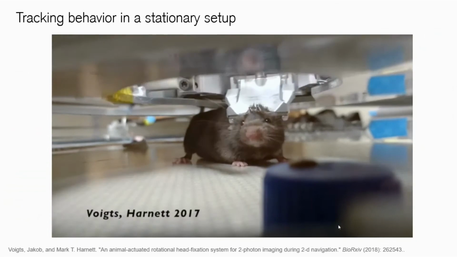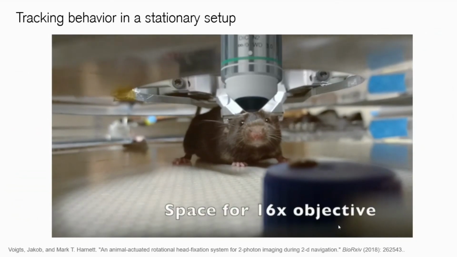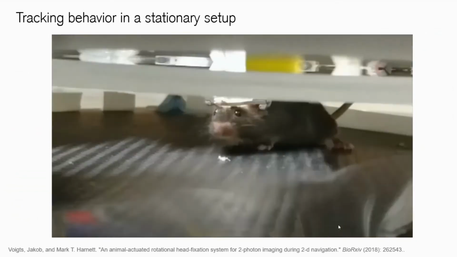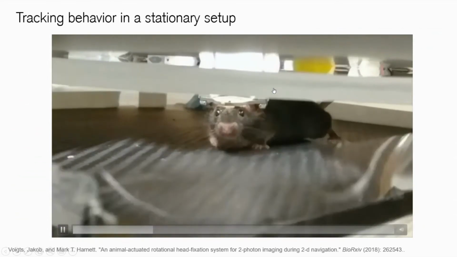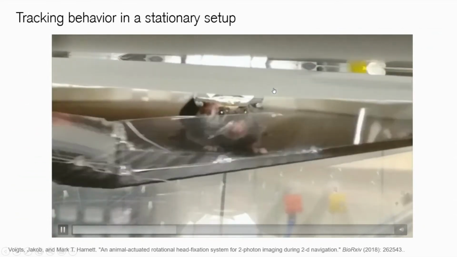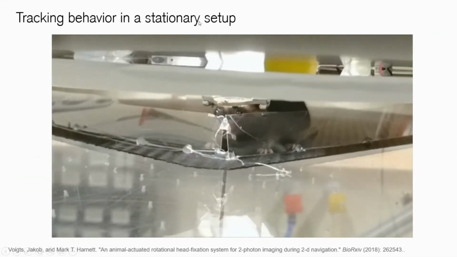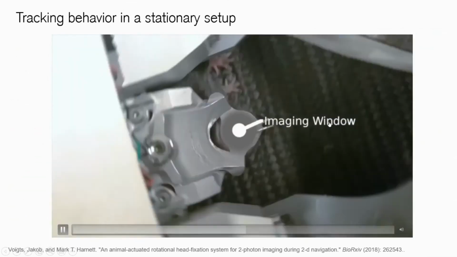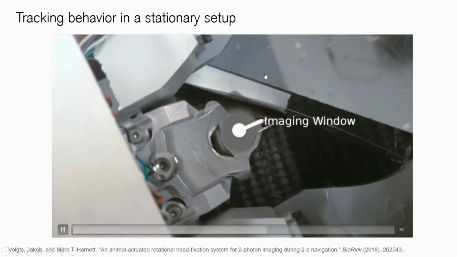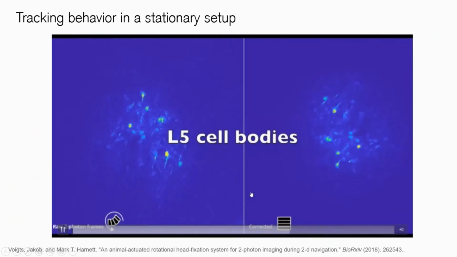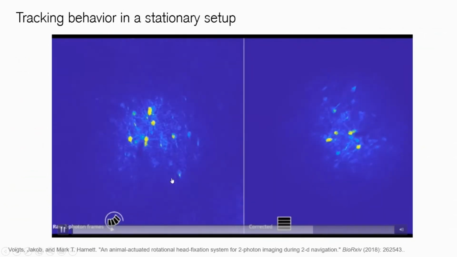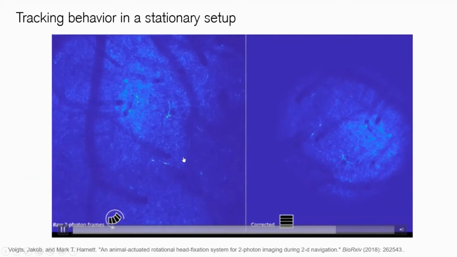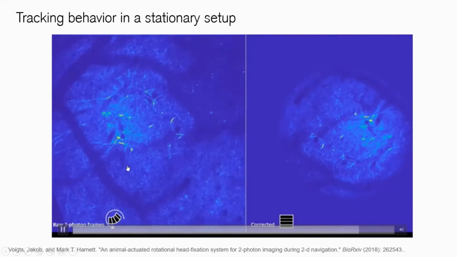Another really fancy tool developed by Jacob Voits from Mark Carnett's lab is this head-mounted bracket that actually senses rotational strain and uses a servo to adjust the position of the head mount. And the animal's running on a hockey puck floated on an air table, so it's really easy for him to walk around. And at the same time, you can image whole cortical regions with this device.